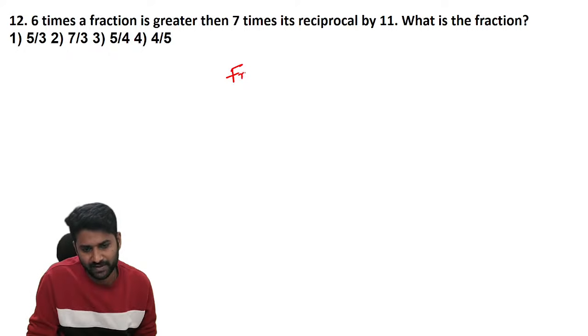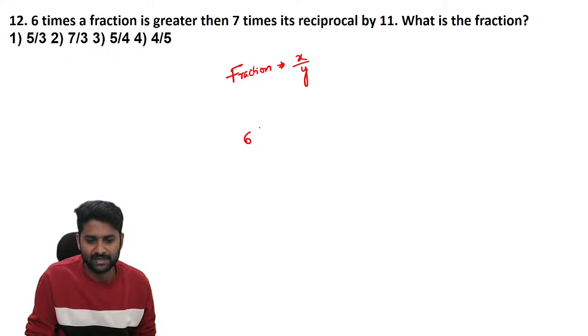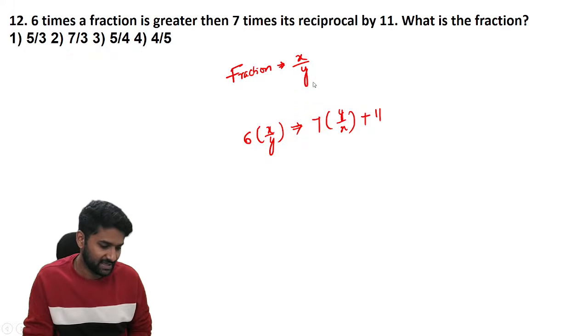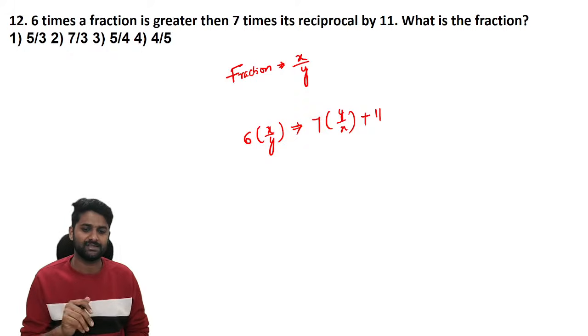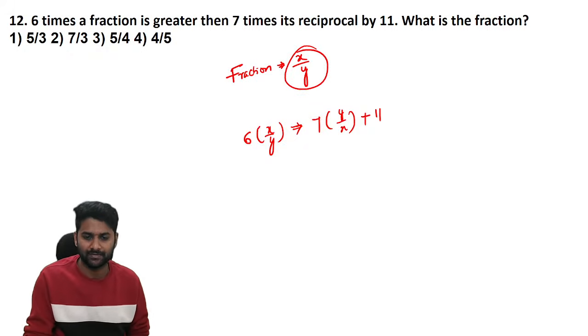Let us take the fraction as x by y. 6 times the fraction x by y is greater than 7 times its reciprocal, which is y by x, by 11. So 6x by y is 11 more than 7 times y by x. Now what is the value of x by y?